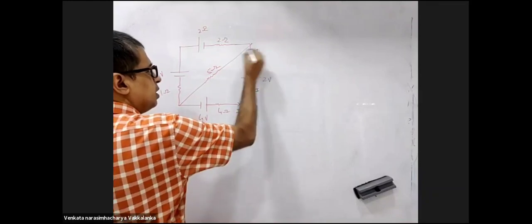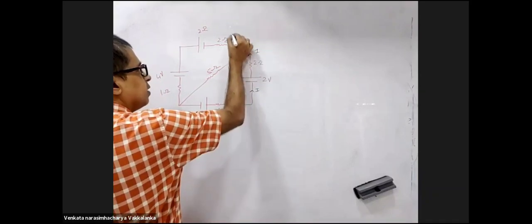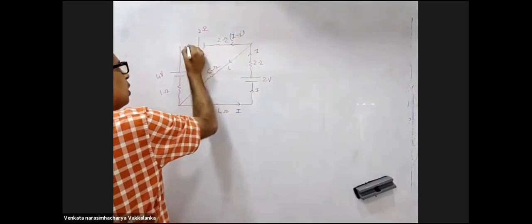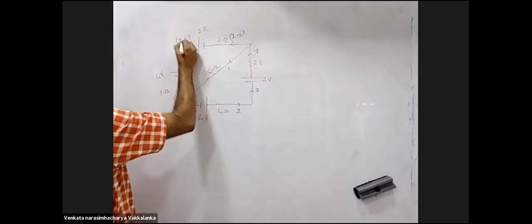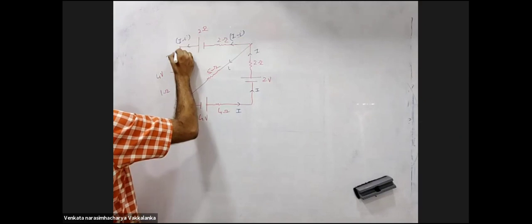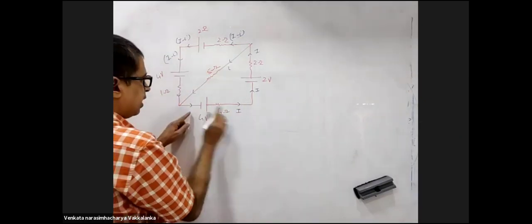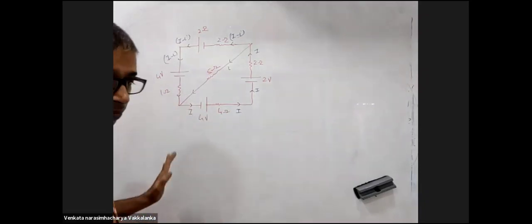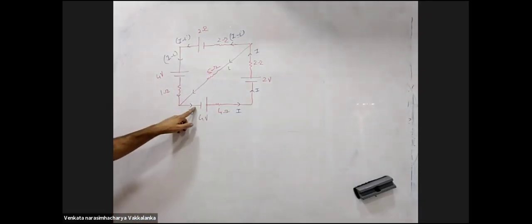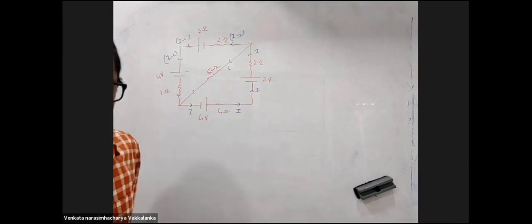Your direction may be wrong. Kirchhoff will take care of it. Capital I minus small I. Small I comes here. I am getting back capital I. Battery is neither a source nor a sink.